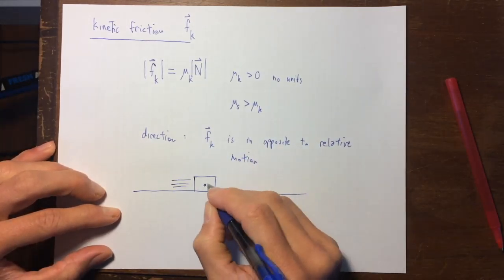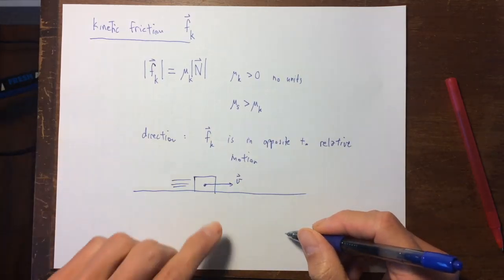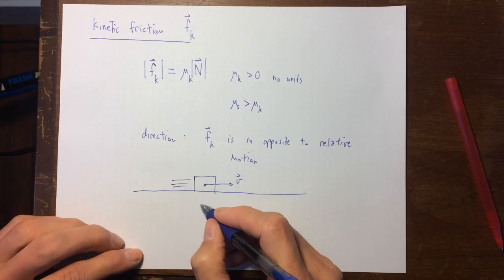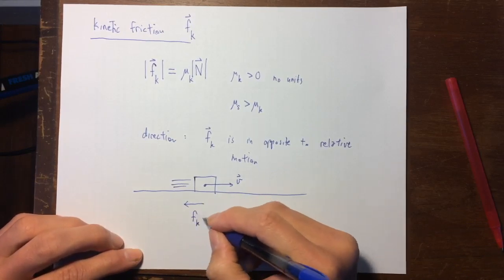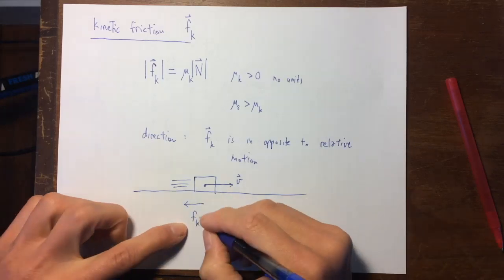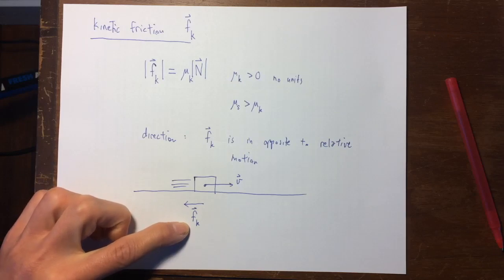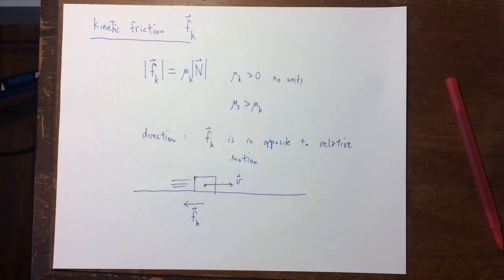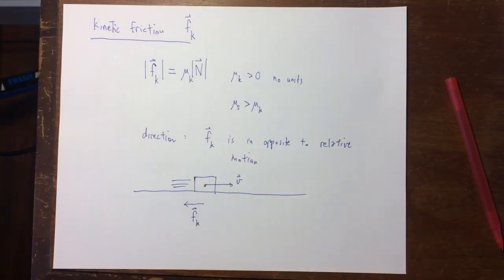Let's say the box has a velocity, so this is a velocity vector, not a force vector. If it's moving that way, then there is a friction force, right? And it's going to be kinetic because you see the motion over the ground. The friction force is going to be back to the left, like that. So it's always opposite to the relative motion of the surfaces. Okay, so that's the simple model for kinetic friction.